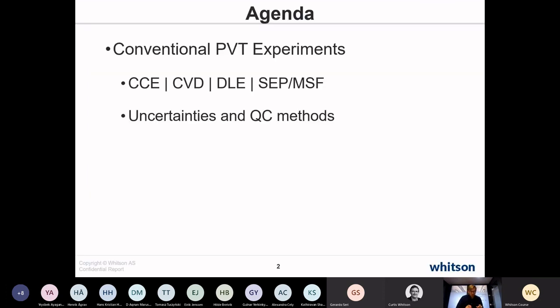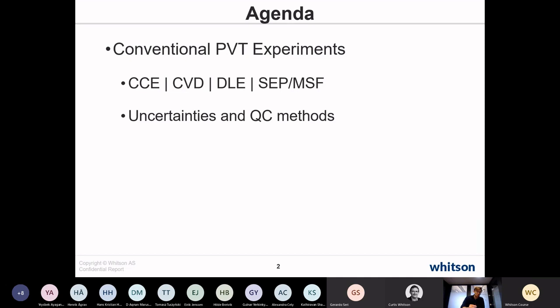But the topic of this part is to cover the conventional PVT experiments. So that's the CCE experiment, CVD experiment, DLE, and the different separator experiments. We'll also talk about uncertainties and QC methods associated with both of those.